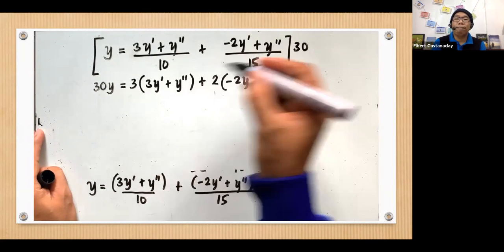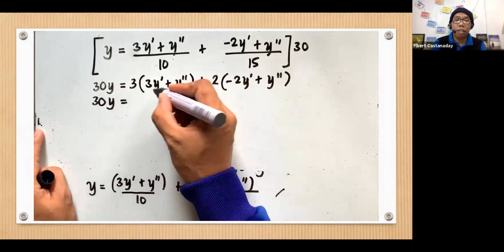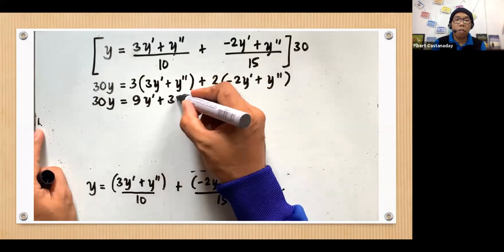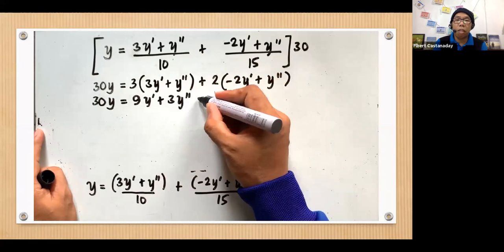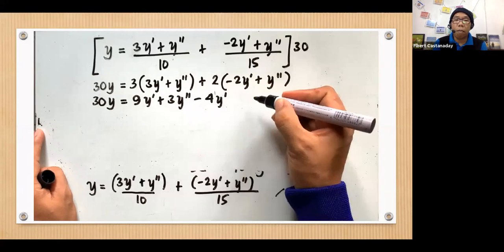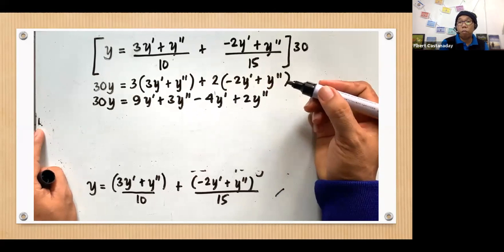Ayan na. Okay, so we distribute yung 3 and 2 dun sa first and second terms. So 3 times 3 is 9y prime, 3 times y double prime is 3y double prime, plus 2 times negative 2 is minus 4y prime. 2 times y double prime is 2y double prime. Then combine mo yung like terms.